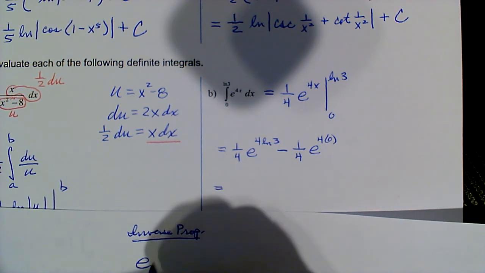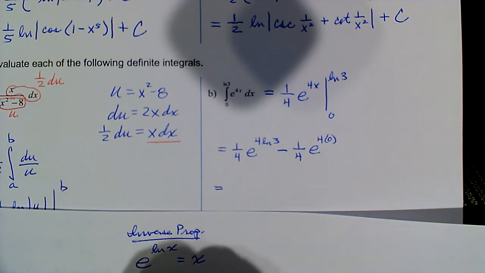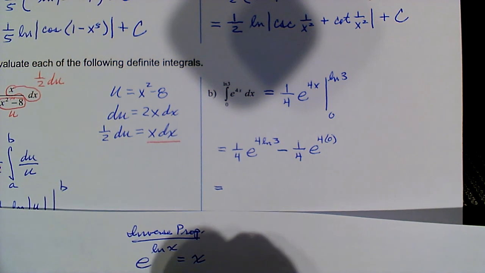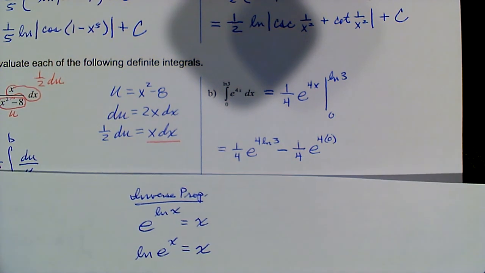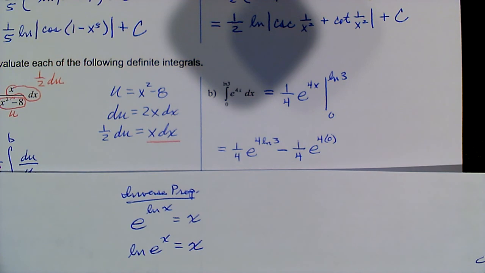And the inverse properties involving e and ln are e to the natural log of x is equal to x, and the natural log of e to the x is equal to x. So it looks like it's going to be the first one, e to the natural log of x equals x.